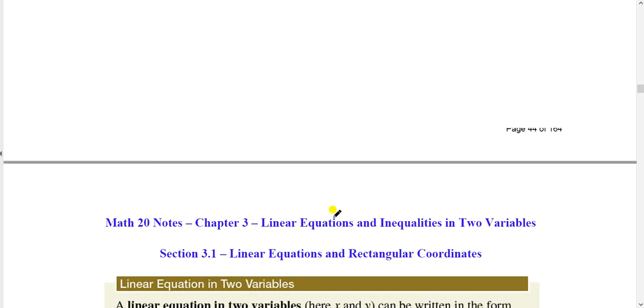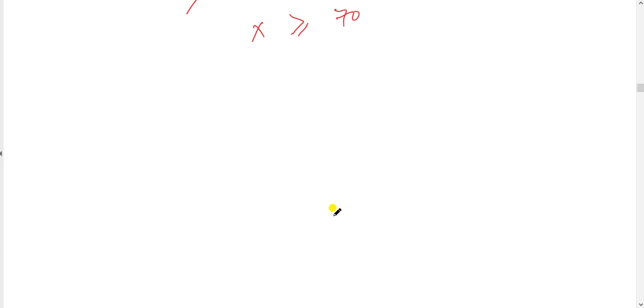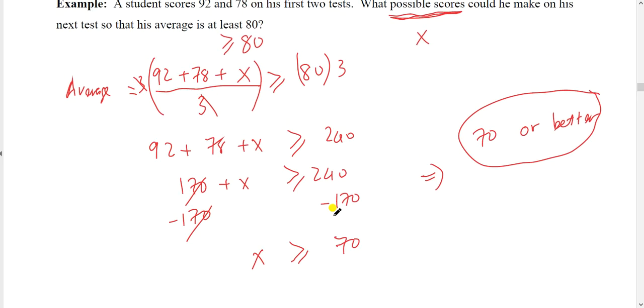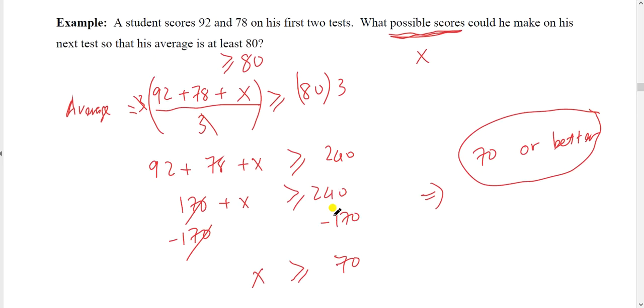Okay, so that is the last example for this section. Basically, we are just using the inequality, setting up the problem from the statement, and then solving for that inequality. And remember, for an inequality, we have many solutions compared to an equation. For the equation, when you are trying to solve for x, you just get one solution.